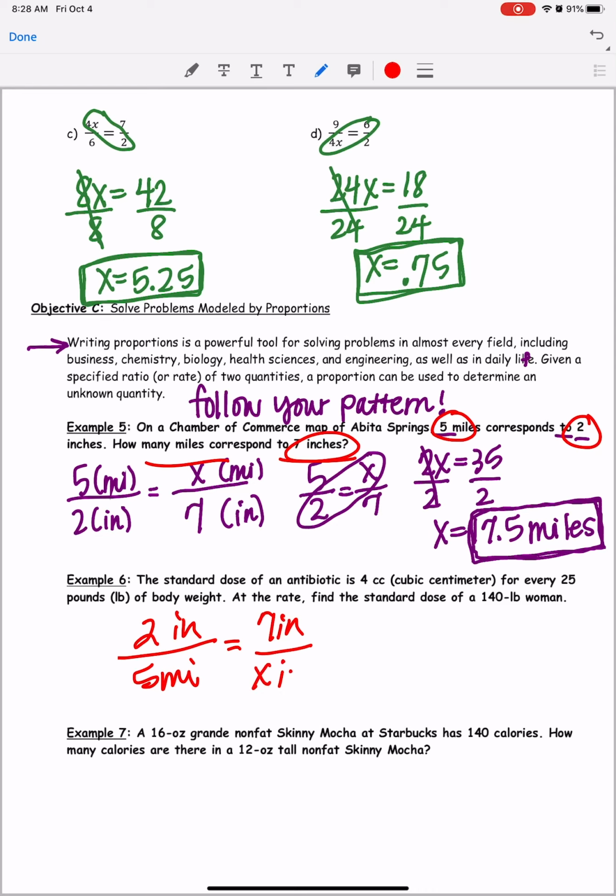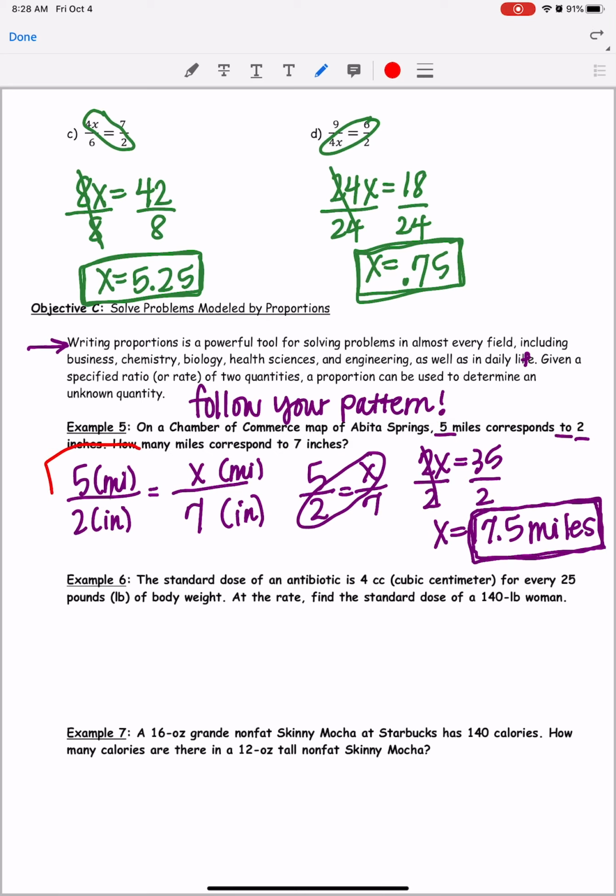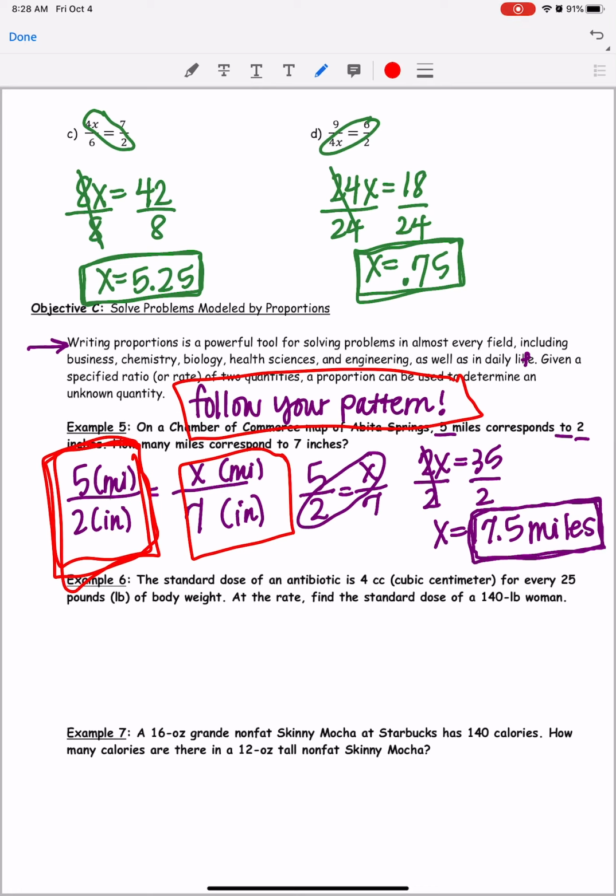My x miles. Again, I'm still doing 2 times x and 5 times 7. Okay, so what I'm trying to get at here is that it does not matter how you set up this first proportion here, but however you set this first one up, you've got to follow your own pattern and write the second one in the same exact manner.